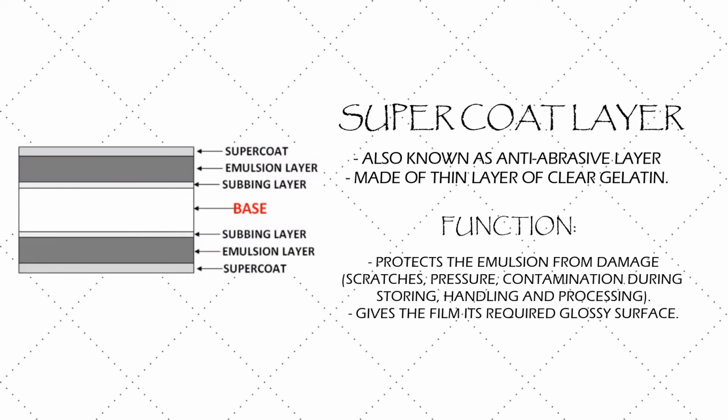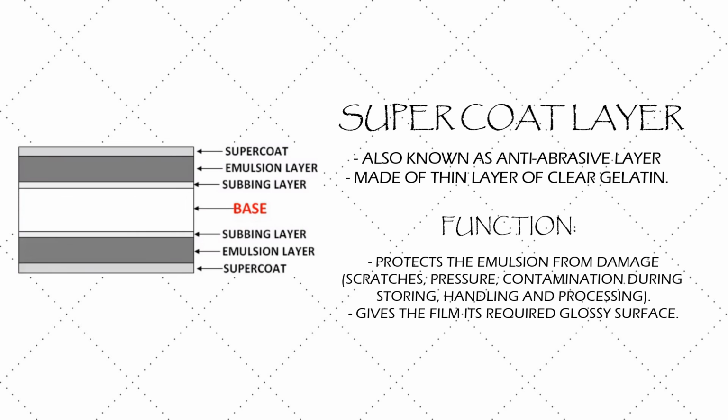The supercoat. It is also known as the anti-abrasive layer. It is made of a thin layer of gelatin and has two important functions. First, it protects the emulsion from damage, such as scratches, pressure, or contamination during storing, handling, and processing, like how screen guards protect our phone screens from damage.